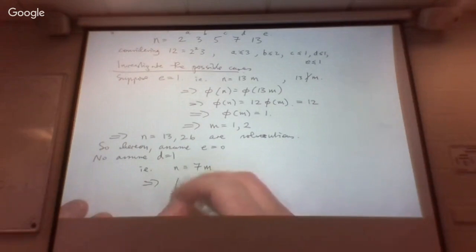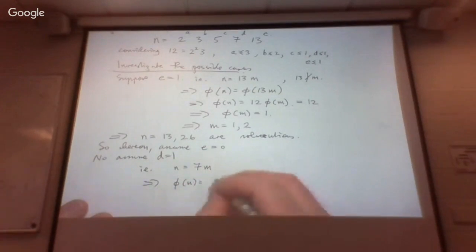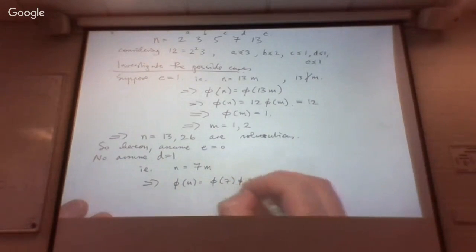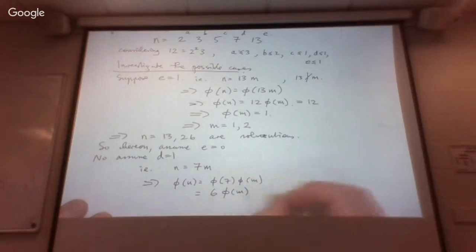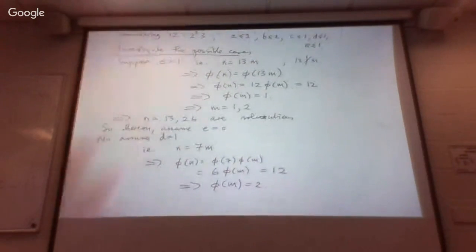Well, as before, that's going to imply that phi of n is phi of 7 times phi of m, which is equal to 6 times phi of m. And if this is equal to 12, that has to imply then that the phi of m is 2. 6 times 2 is 12. Okay.